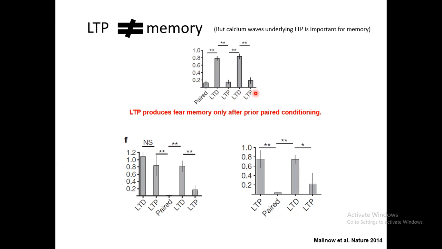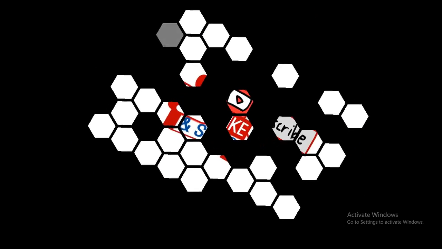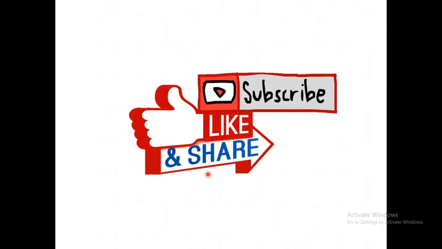After that, an LTP or LTD protocol can give rise to memory-like changes. So that also argues that an LTP-like protocol could be one of the features by which the brain can encode memory. That could be underlying memory, but the LTP protocol is not exactly memory. But still, these areas are debated, and more research is required to reveal the truth.